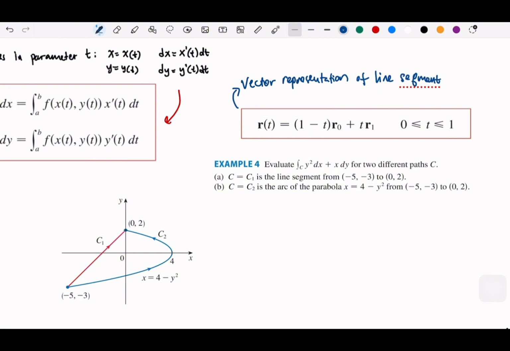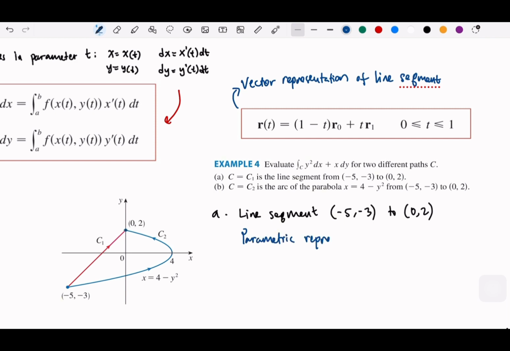Now, for the line segment, since it is from this point to 0, 2, we can write it as a parametric representation.